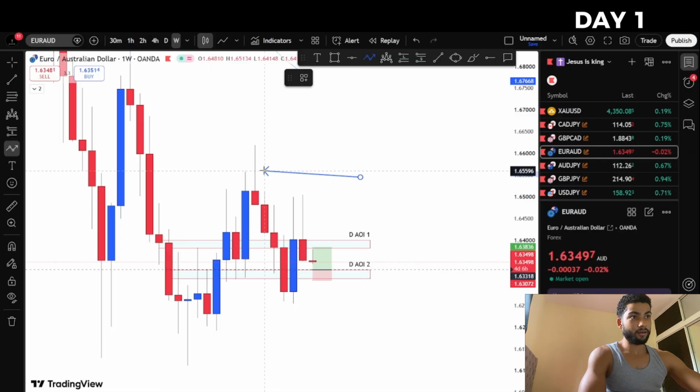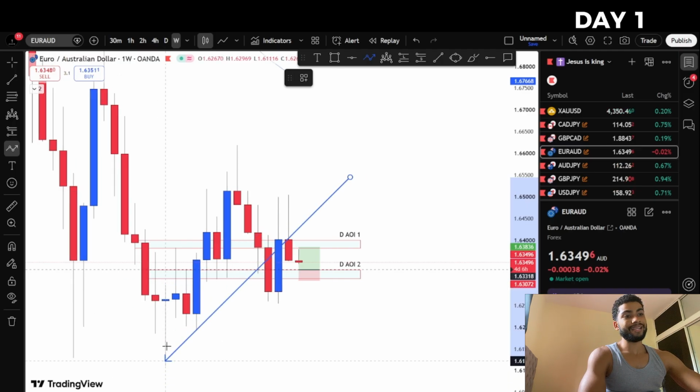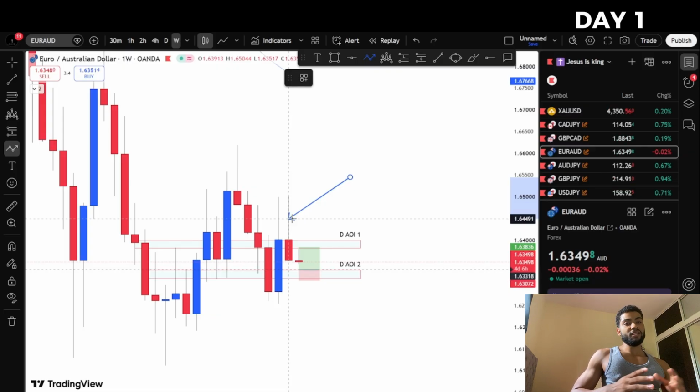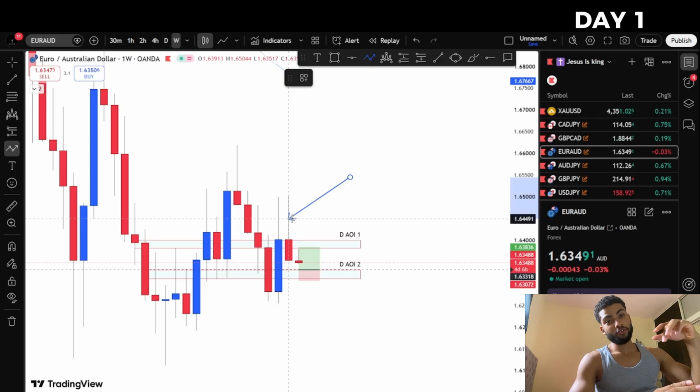So the wicks are these tails that you guys can see in the market. That is where price was, but it's not where price actually closed. For example, if you are gonna go to the kitchen, let's say you are in your room and you wanna go to the kitchen, as you walk, you're gonna leave footsteps.